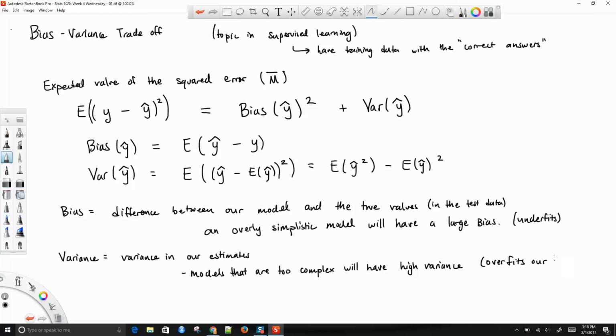So there's always this general idea that we're working with: how complex should our model be? That's the guiding question that we wish we could answer.